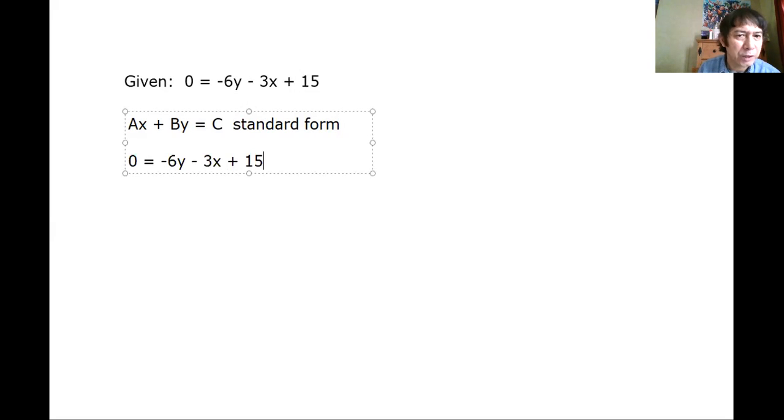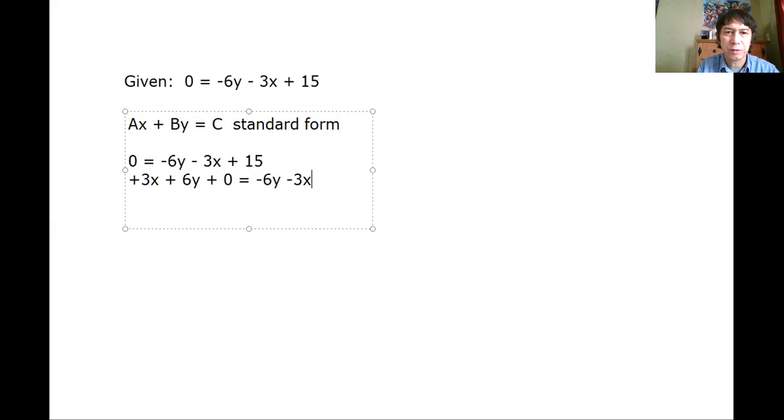So we can start this way. All right, add 3x and 6y to both sides. So we will have plus 3x plus 6y and a 0 at the left side of the equation. The right side, just rewrite it, negative 6y minus 3x plus 15.